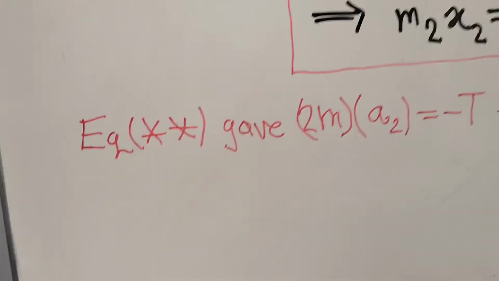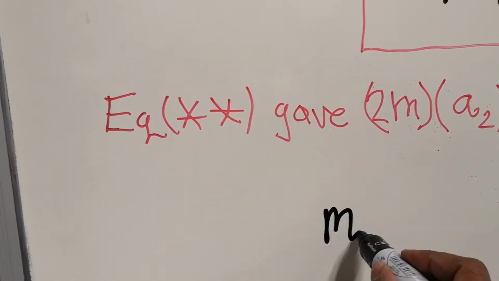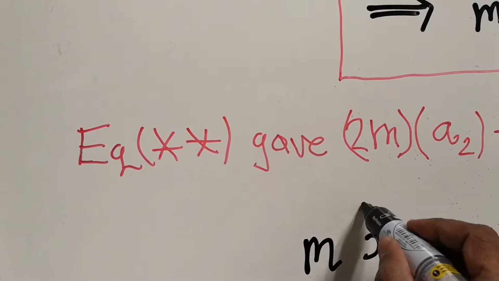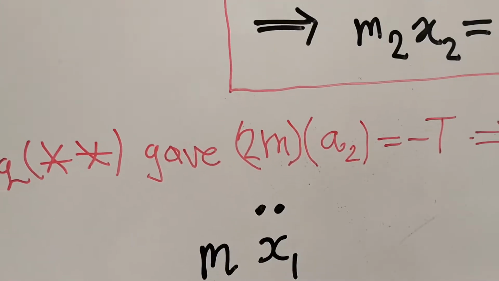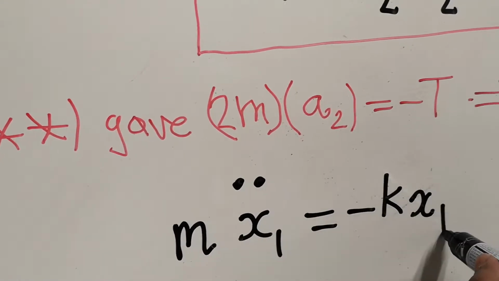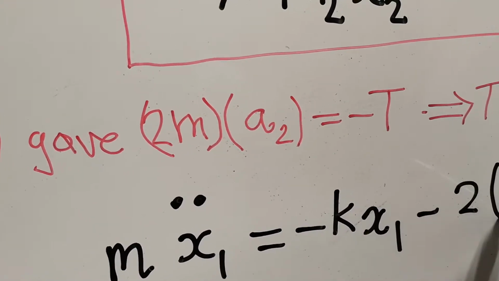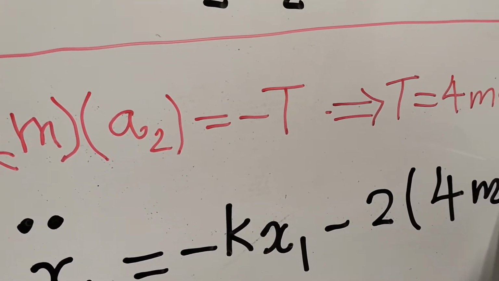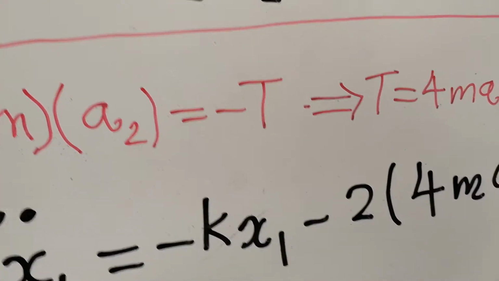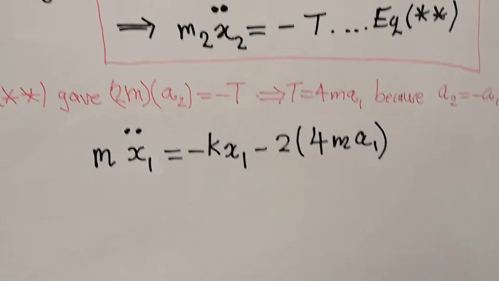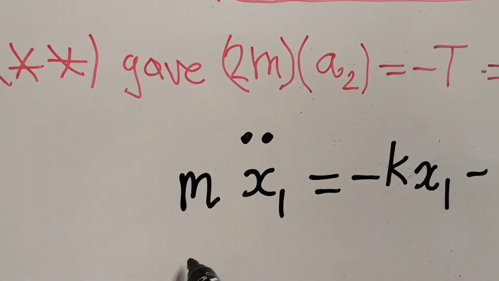Using the free body diagram, we have the mass m times x1 double dot is equal to minus k x1 minus 2 times the tension, which is 4m a1. A1 is just the acceleration of the mass m1. So we just put that into the equation.